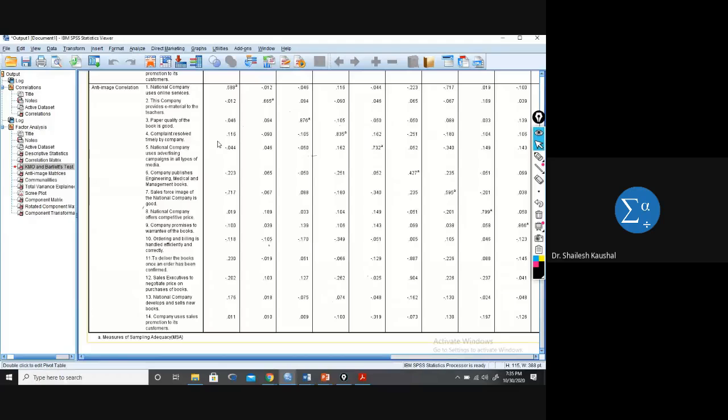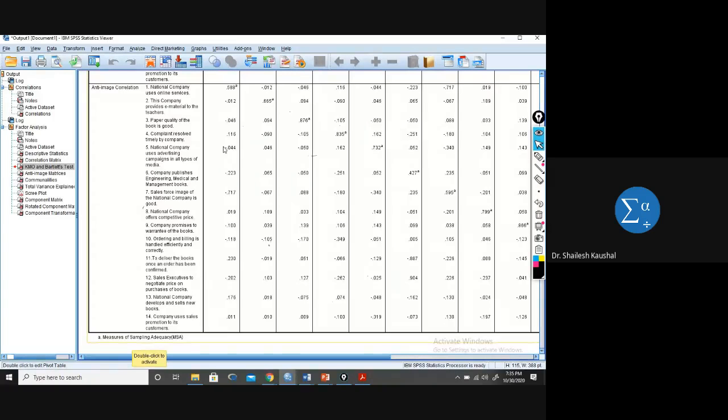Here you can see the anti-image correlation is very low, minus 0.012, minus 0.046. Now our purpose is measuring of sampling adequacy. I told you the value of the measure of sampling adequacy should be greater than 0.5.